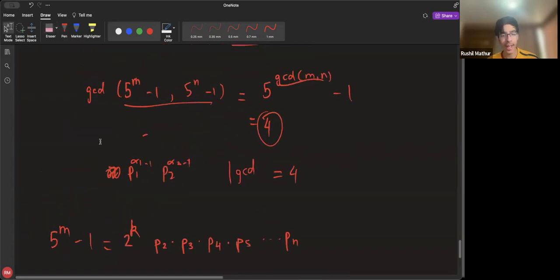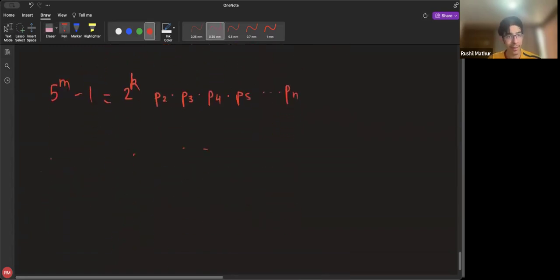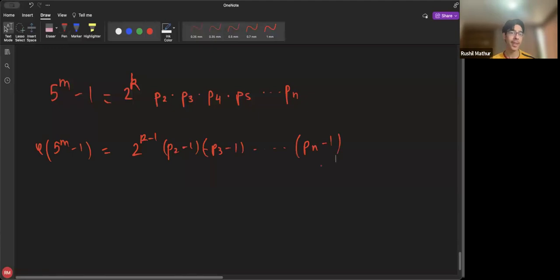And now that we have this, what does phi of 5 to the m minus 1 look like? It looks like 2 to the k minus 1 into p_2 minus 1 into p_3 minus 1, and so on.